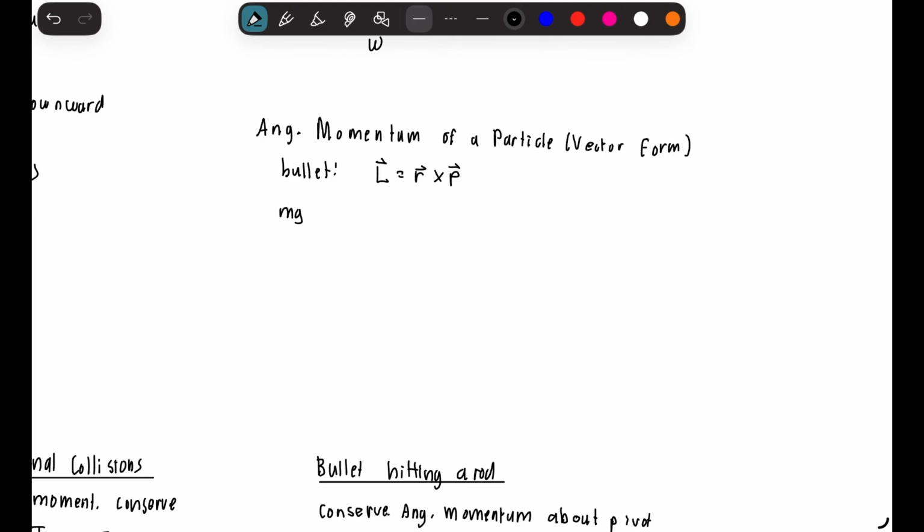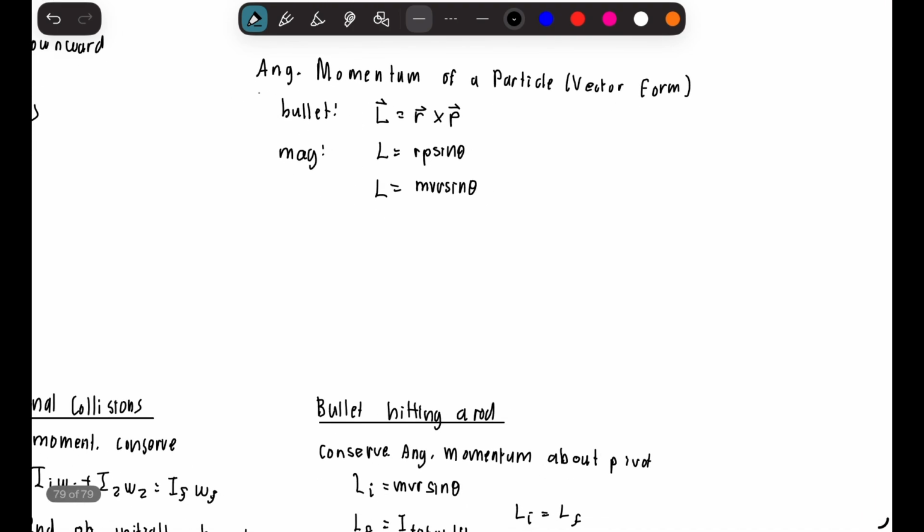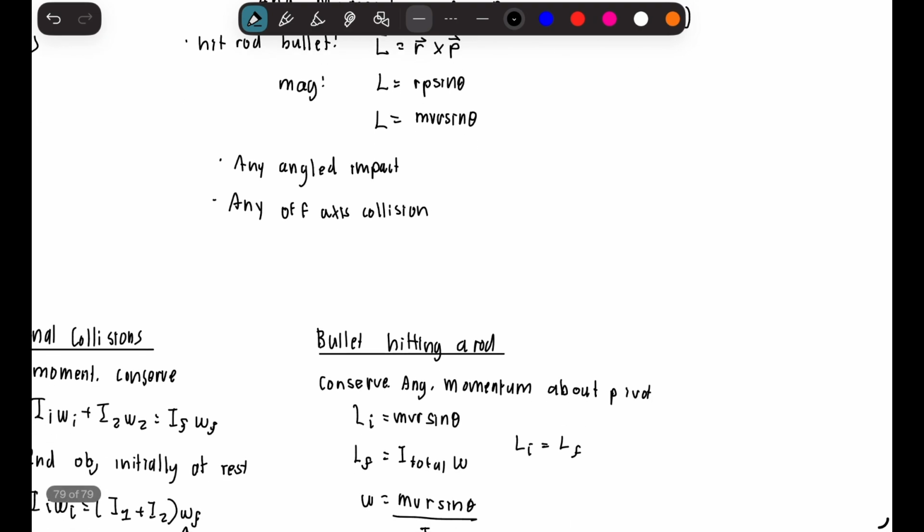Now for the magnitude of this, L is equal to r p sine theta. L is equal to m v r sine of theta. So this is like a bullet hitting a rod, or when you have any angled impact or any off-axis collision, because you take the cross product.